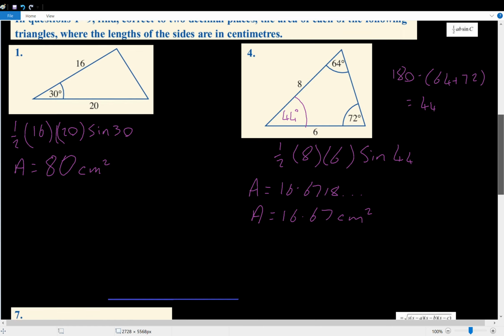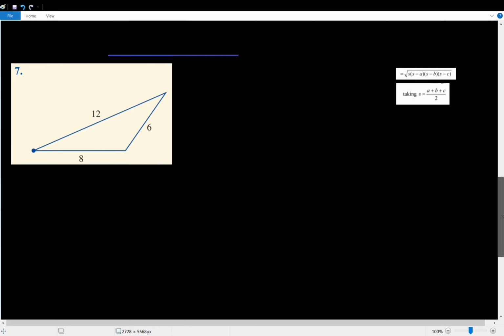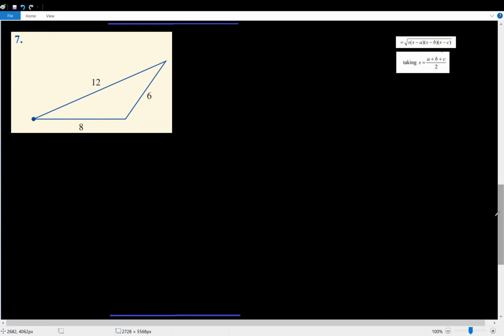Now for our next one, this here is question 7 in exercise 4.4 in Project Maths 3A. And we've got to get the area of this triangle. Now we don't have any angles given. We don't have a perpendicular height this time. So what we're going to have to do for this is use the formula we see over here on the right. So since we need s to start, we're going to start off by figuring that out.